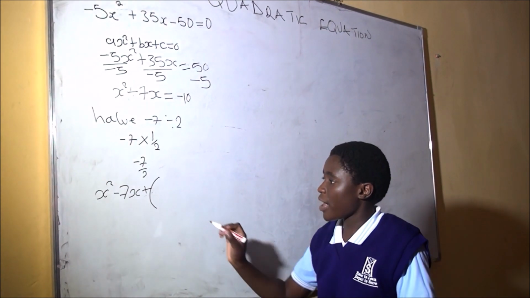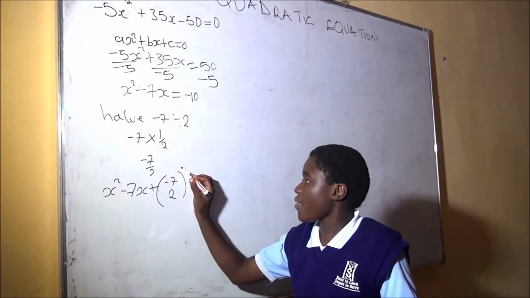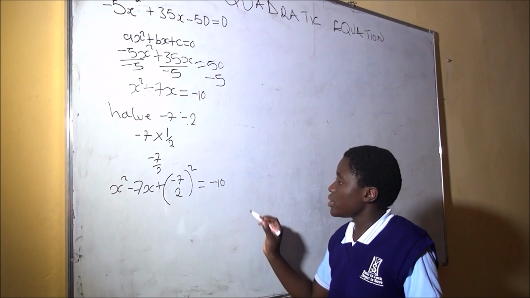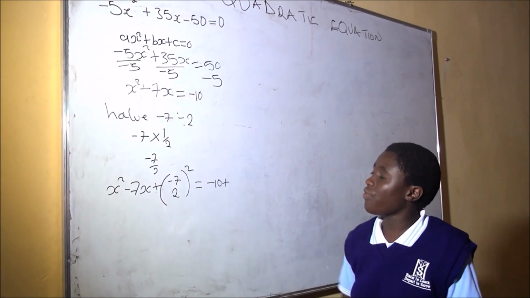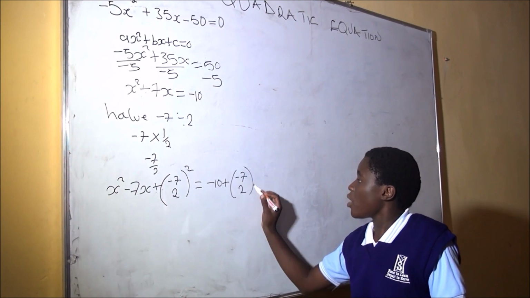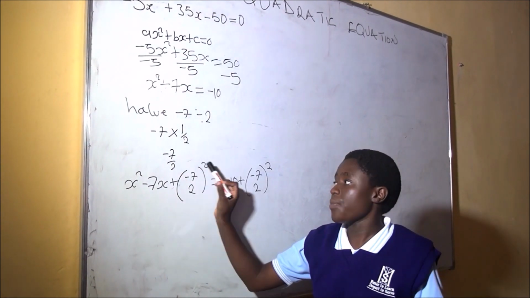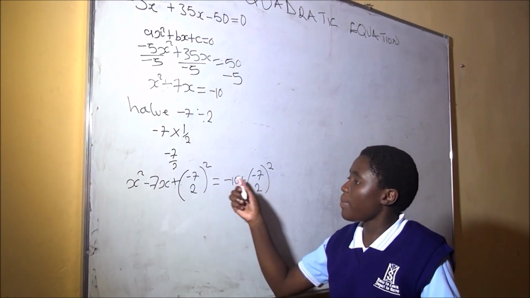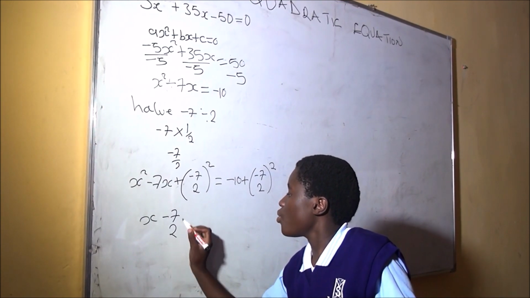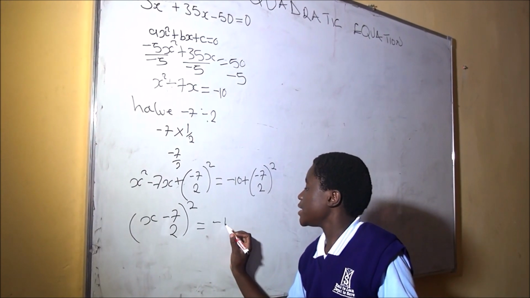We're going to open the brackets, which is negative 7 over 2, squared, is equal to the negative 10, plus the half that we found of negative 7, which is negative 7 over 2, squared. Then if we do the factorization process, it's just as good as getting the numbers with the same index, which is x minus 7 over 2, all squared, is equal to the negative 10.